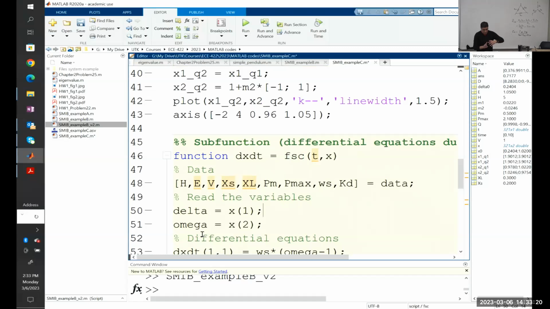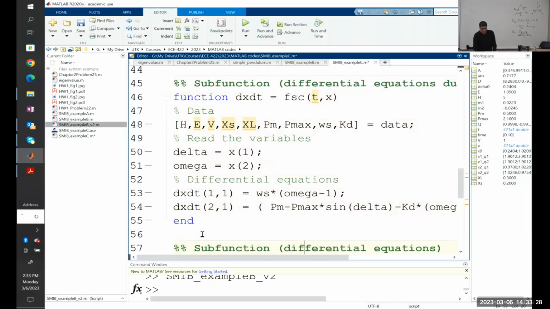The data is the same. The variables are placed in the same order. The first one is angle delta. The second is the rotational speed per unit. So the difference here is going to be the electrical power. The electrical power, this now is going to be 0.